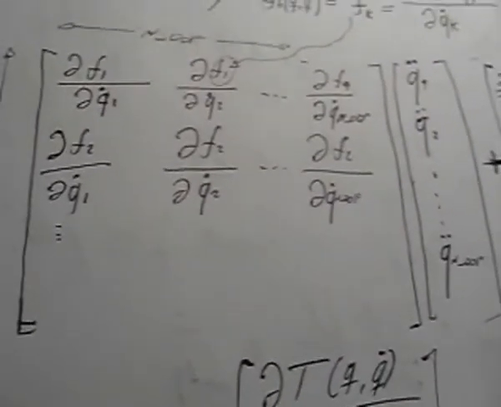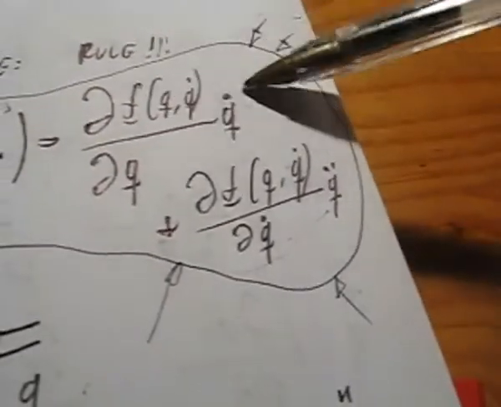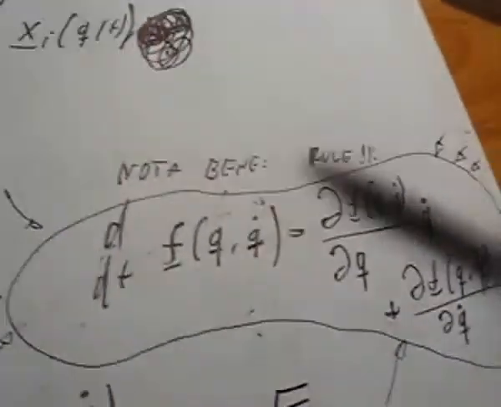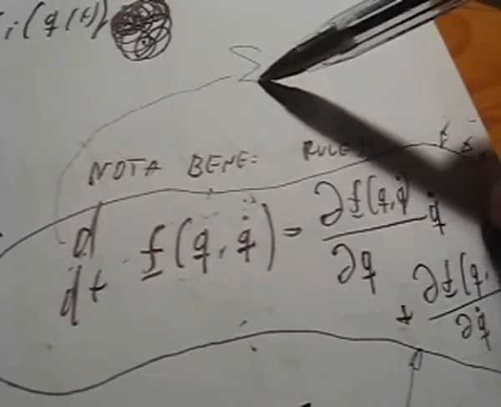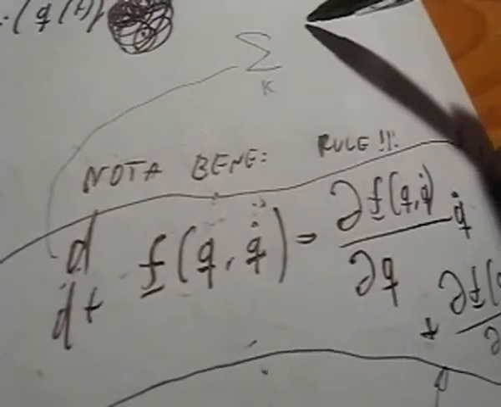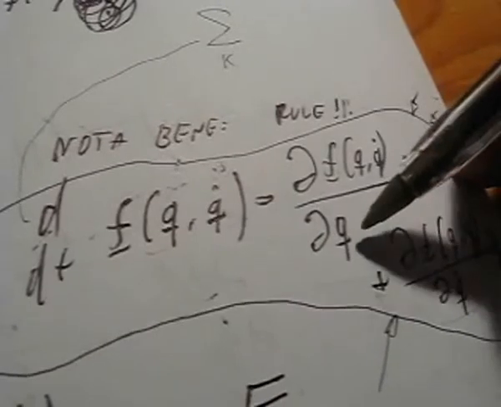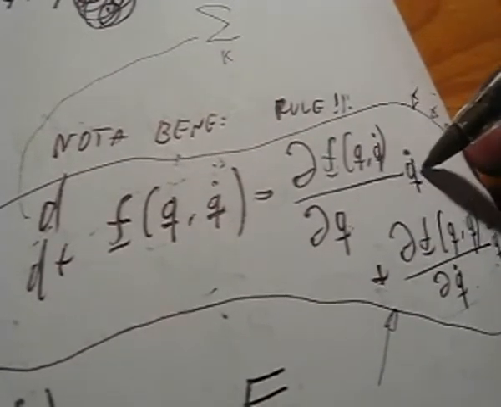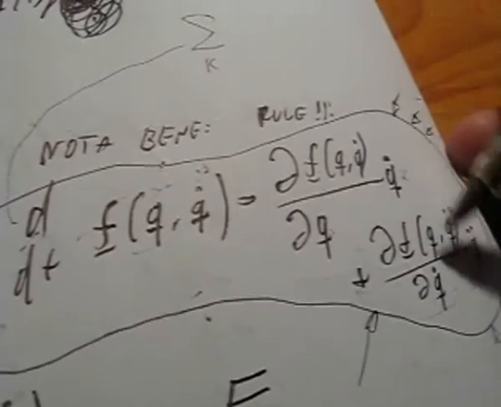This way, which is, try to make this rule explicit, it's the sum over k of this derived with respect to the q's and multiplied by the q dot k, and the same for this.